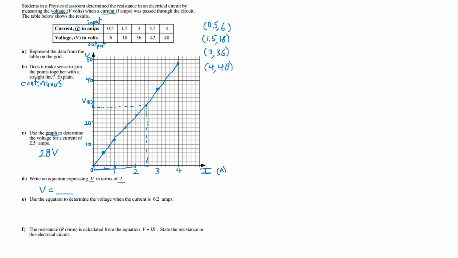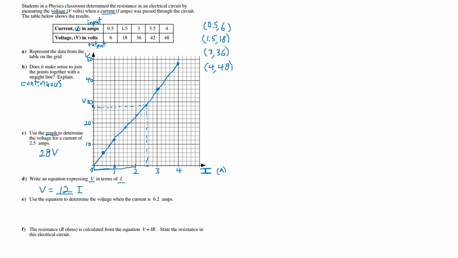So for every unit of current, every amp, I'm increasing by 12 volts. So wherever I take my amperage, if I multiply that by 12, I should get my voltage, according to the graph here, which, yeah, should be a straighter line.